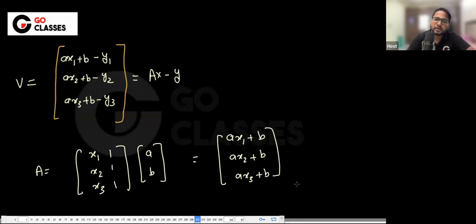Okay. Is this fine? If a is this and x is this, then ax will be this. And then y, let's just assume y to be y1, y2, y3.